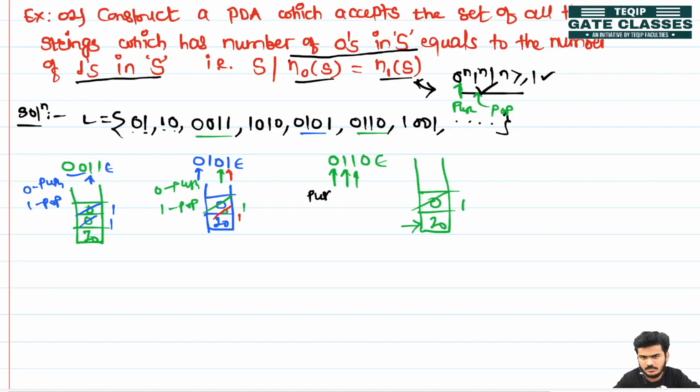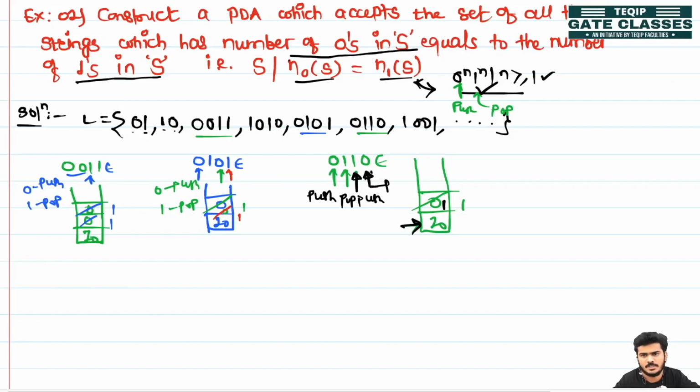For this 0 what did we do? We pushed. For this one what did we do? We popped. Now if the top of the stack is z0 and 1 occurred, or 0 occurred, then we have to push. Sorry, push for 1. So I have pushed 1, and whenever the opposite symbol comes, the opposite alphabet comes, then I will pop for that. So here I pushed for 1. Then what will I do for 0?